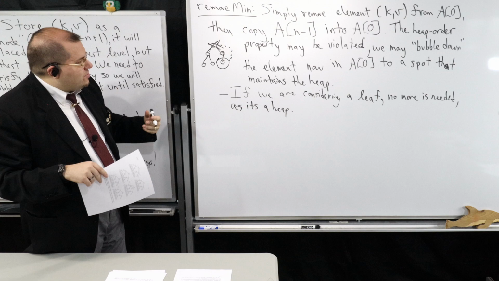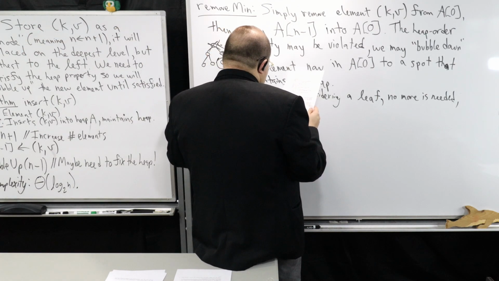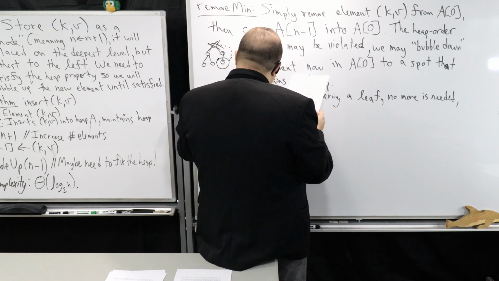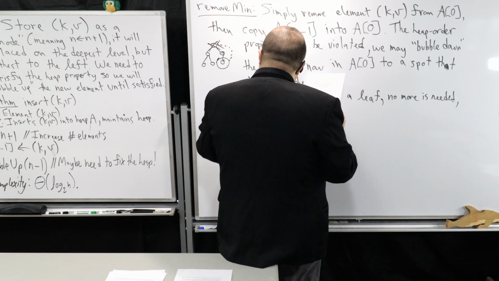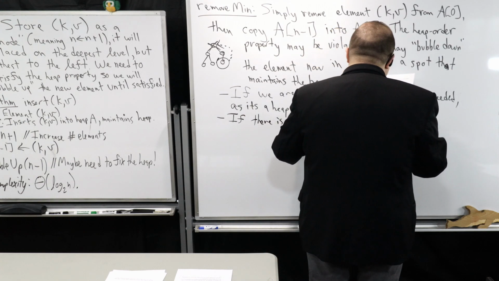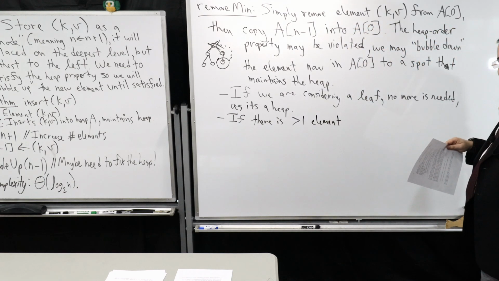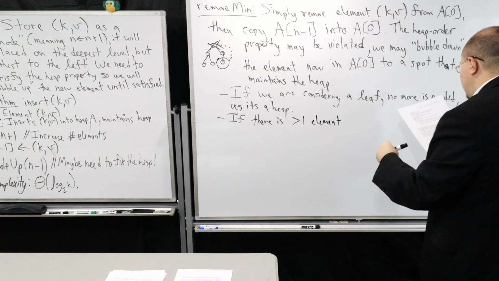Now we have to consider the case when I have more than one element. When there's more than one element, that implies the existence of a child.